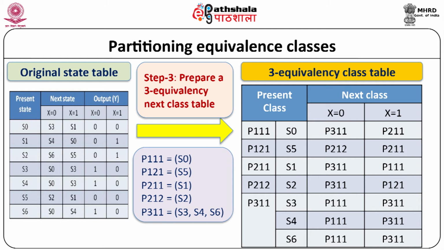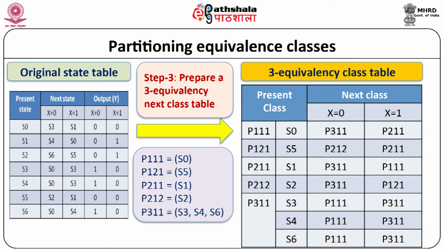Test P11 for each value of x. No additional partitioning is necessary because the next class contains only one state. Test P12 for each value of x. No additional partition is necessary because next class contains only one state.